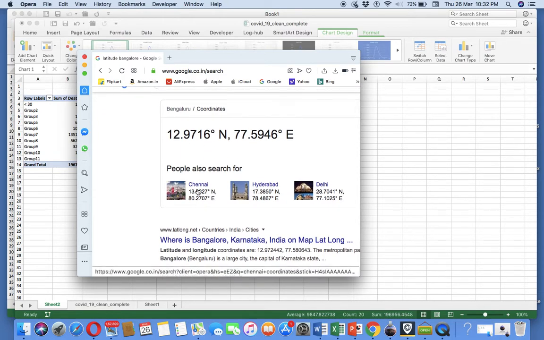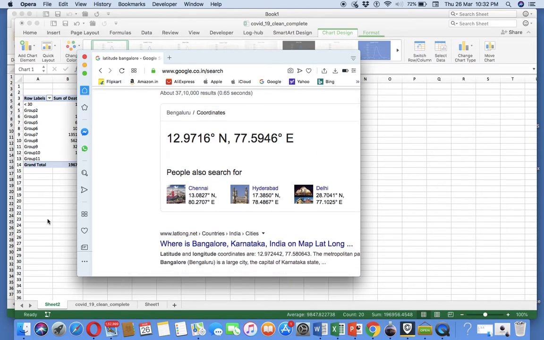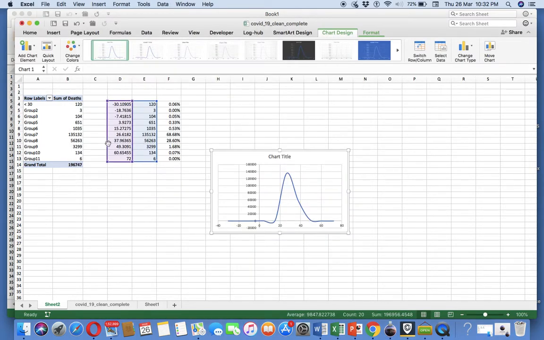So Chennai is 13, Hyderabad is 17, Delhi is 28. Latitude, longitude, yep. So it is 13. Bangalore, Chennai is 13. Bangalore is 12.68. So strictly, we are outside the critical range of deaths.